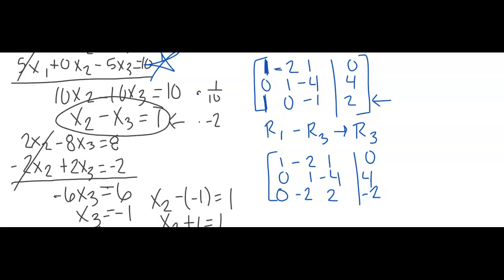So all of these entries in row 1, you're going to subtract the entries in row 3 and then put them back into row 3. Now again, I'm going to multiply by a 1/2.